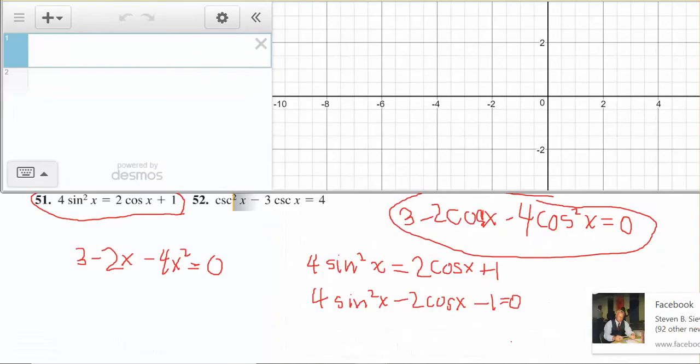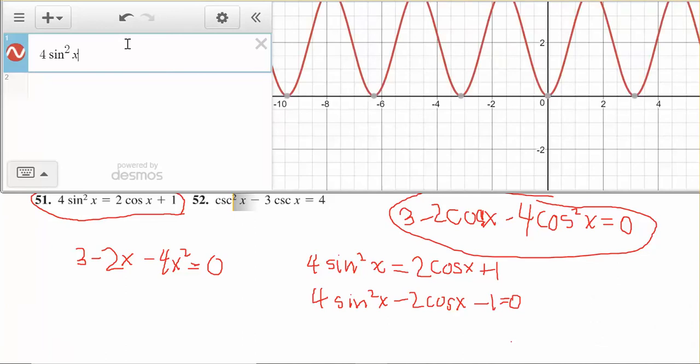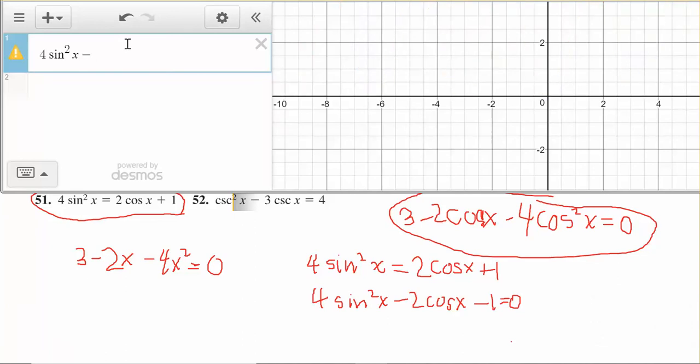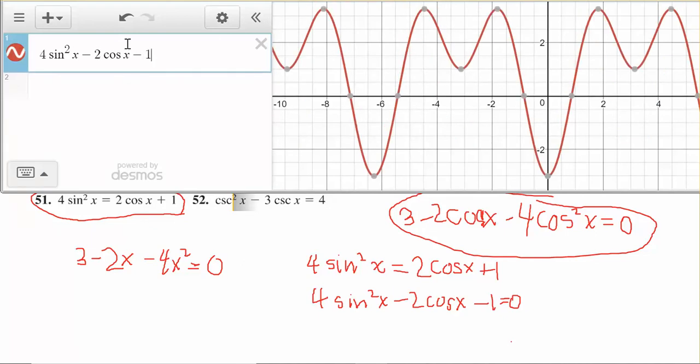And I'm going to insert in that graph, which is 4 sine caret to make it move up, squared x, minus 2 cosine x, minus 1.